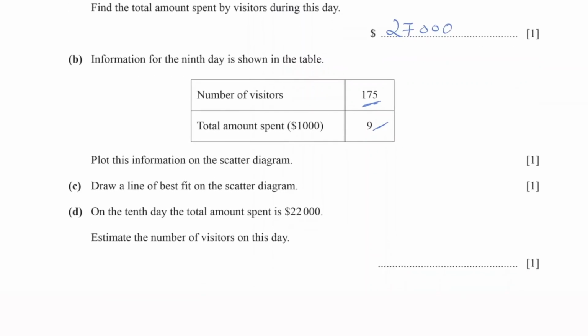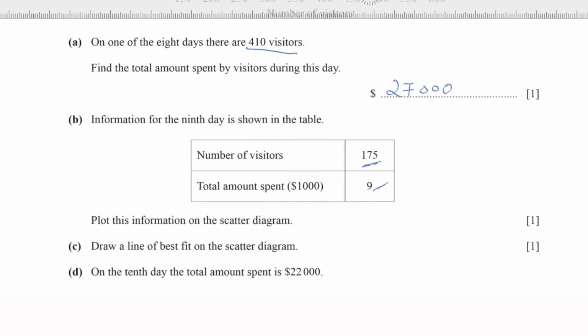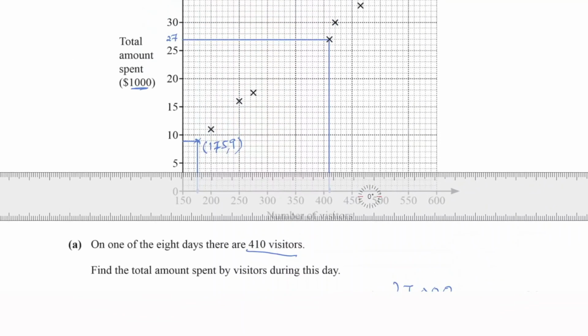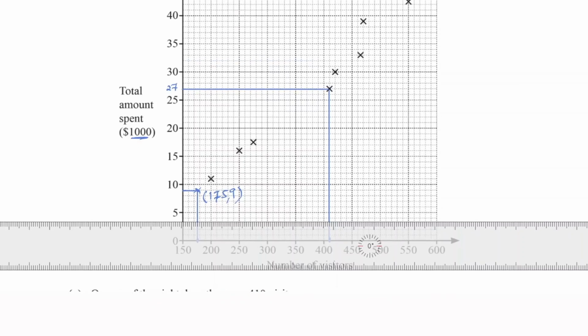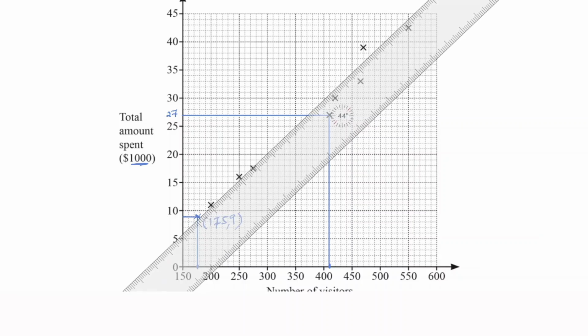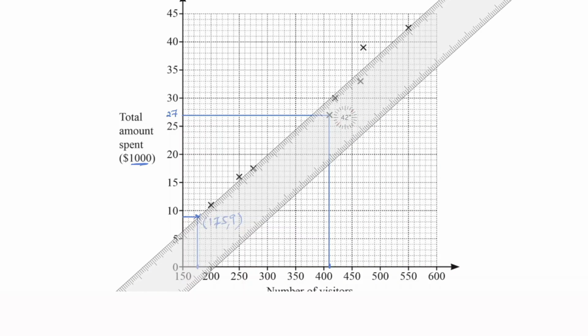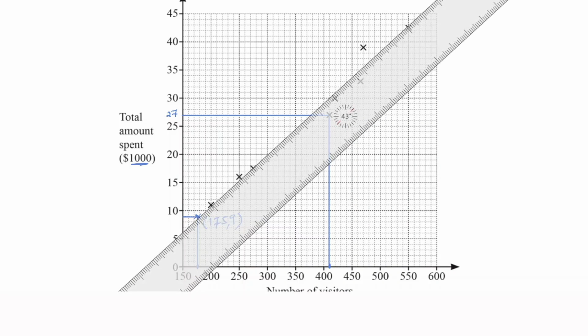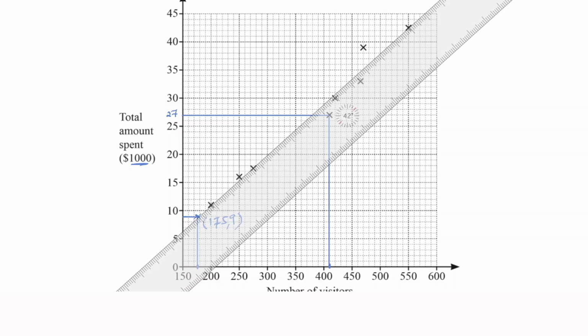So the next part says draw a line of best fit on the scatter diagram. So the line of best fit should be such that all the points are equally divided between the lines, and make sure that points are nearby the lines. So let it be like, you can draw, this point is going a little bit further, but if I draw it like this, almost every point matches together.